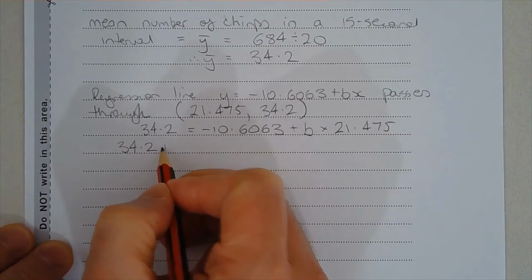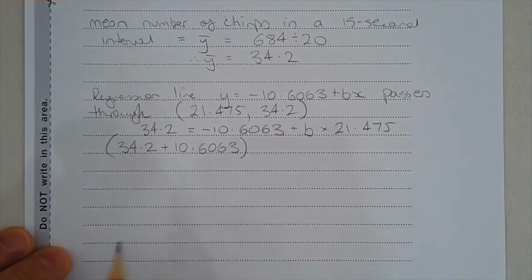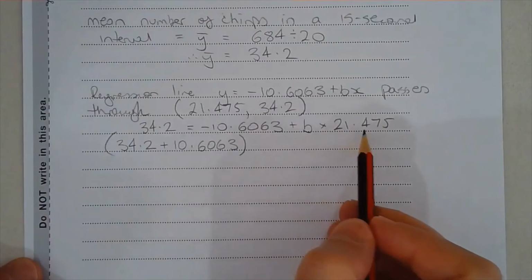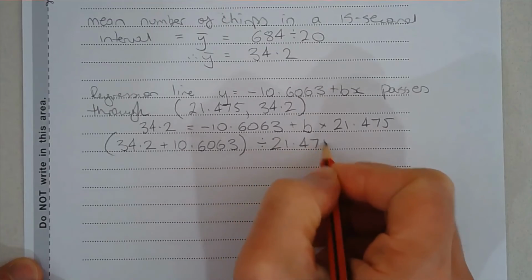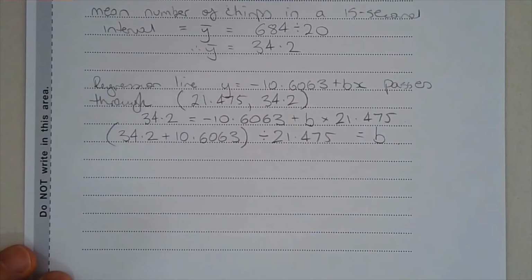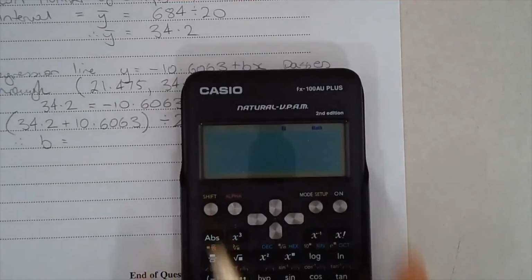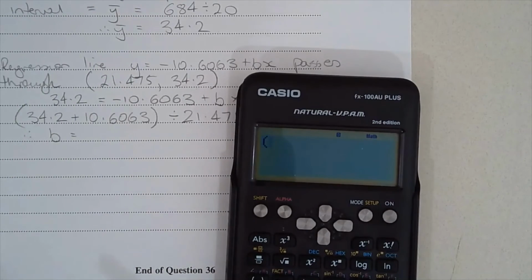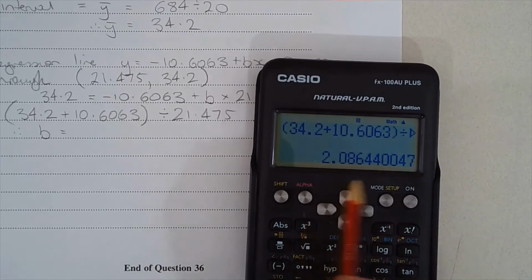Rearranging that equation, we have 34.2, we're going to add on 10.6063, I'm going to put that in brackets, doing this all in one step, and then divide by 21.475. So this is just a little bit of algebra. That's equal to our gradient. So b is equal to 34.2 plus 10.6063, divided by 21.475, and we get 2.086.